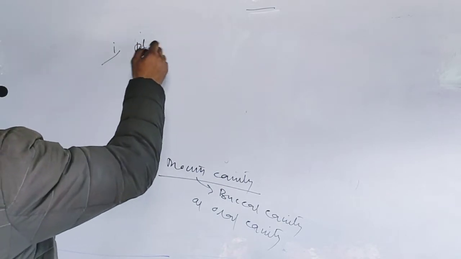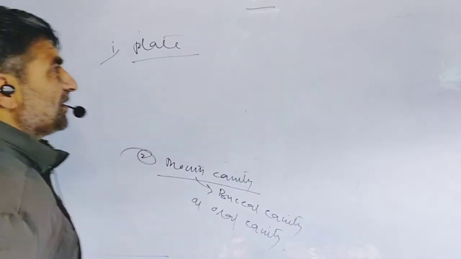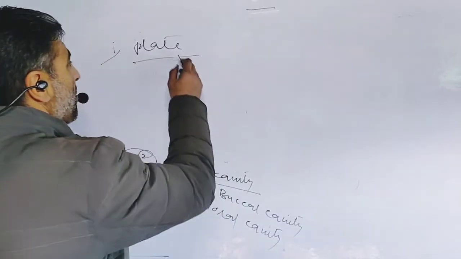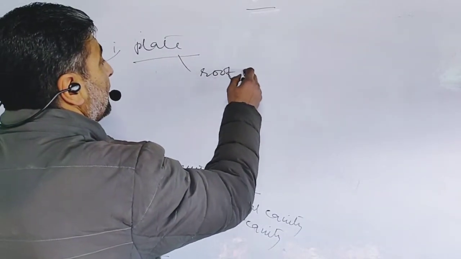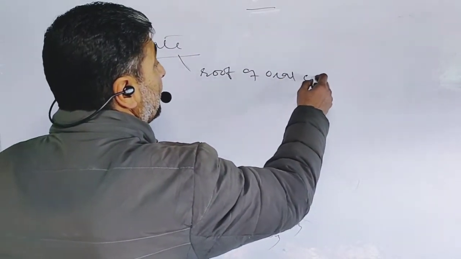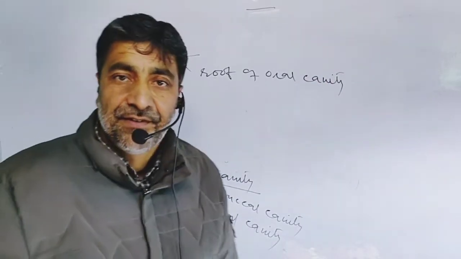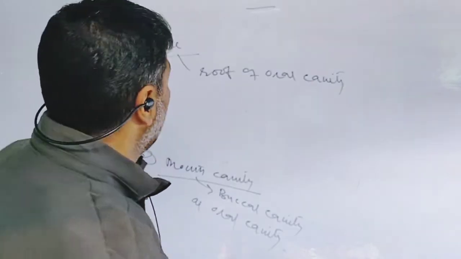Let us take the first one, the palate. How can you define palate? Palate is the roof of the oral cavity. The roof of the oral cavity is called the palate.